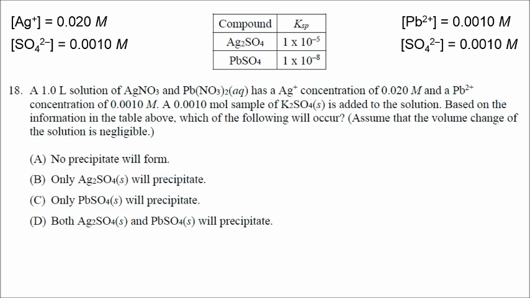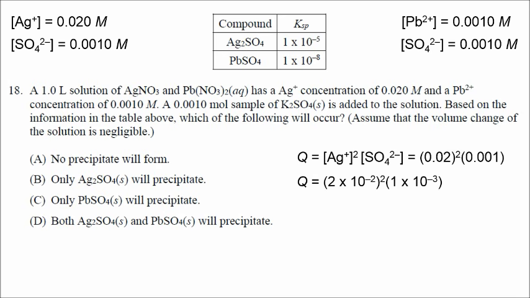We're going to do a Q calculation and decide if Q is larger or smaller than KSP for each of these salts. Starting with the silver sulfate. There is our expression for KSP, 0.02 squared times 0.001. Now this is without a calculator. So 0.02 can be written as 2 times 10 to the minus 2.